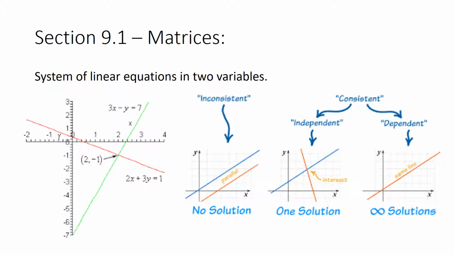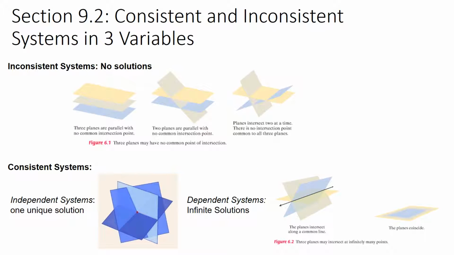So in 9.2, we are again looking at systems of linear equations, but instead of 2 variables, we're looking at equations in 3 variables, where the equations have an x value, a y value, and a z value. Whenever you have a system of equations in 3 variables, you usually have 3 equations.